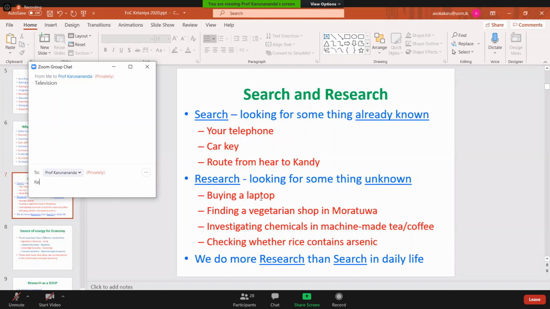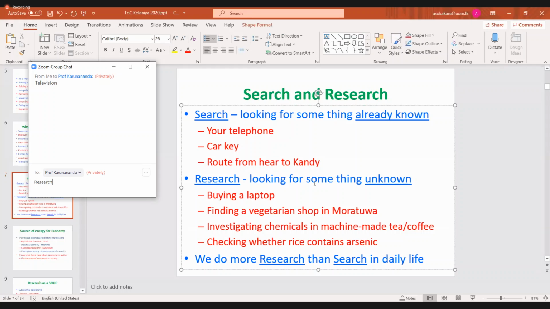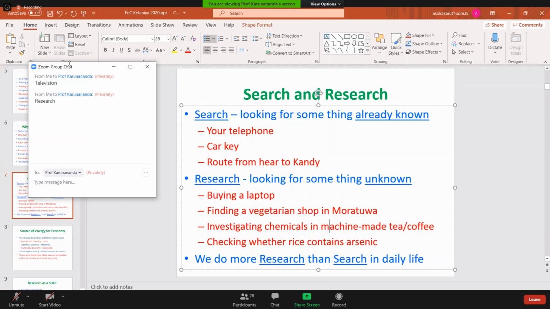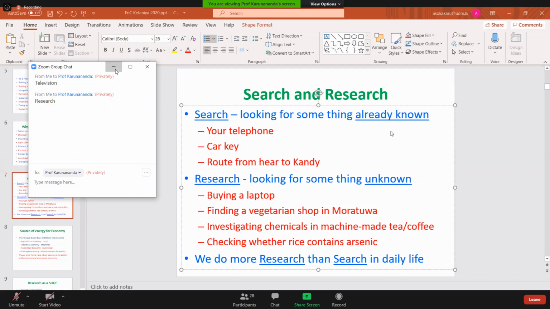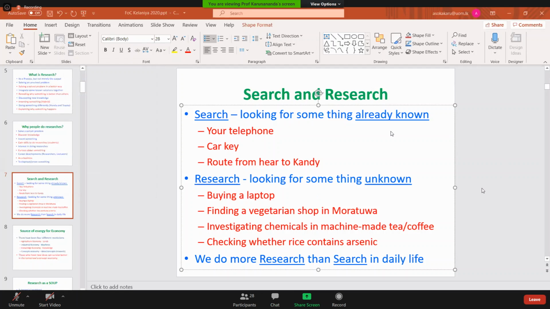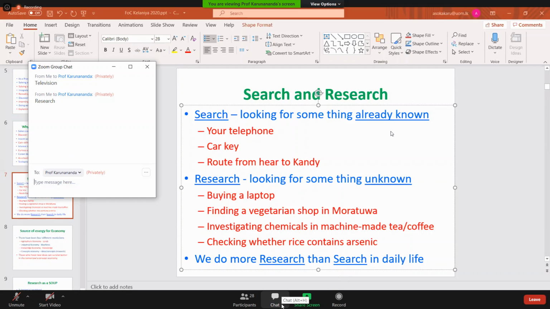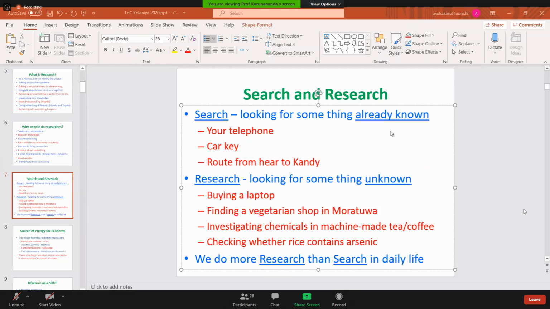Now you are not small guys, no. Now in the campus, in the batch, you are looking for a girlfriend. So it is a search or research? There are two answers. Let me check. Two have said research. Yeah, I would say correct.